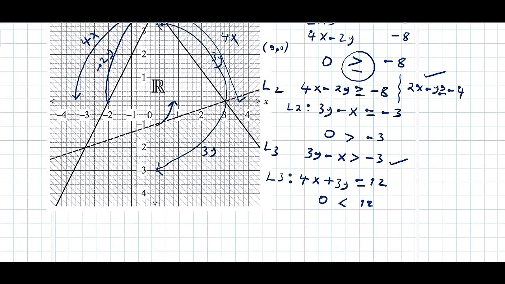And therefore, replacing the equal sign with the inequality symbol, we'll have 4x plus 3y. Remember, here we have a continuous line, therefore we need to add or equal to, so we'll have less than or equal to 12. And that is the third inequality as required in the question.